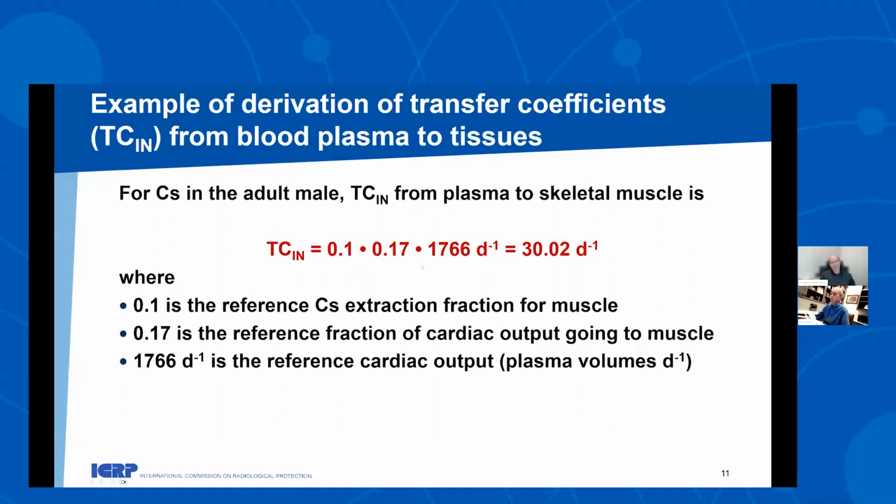In this case, it's the product of the extraction fraction, 0.1 assigned to skeletal muscle for cesium, times the fraction of cardiac output assumed to go to skeletal muscle in the reference adult male, times the cardiac output in the reference adult male. The product of these three values is 30 per day.